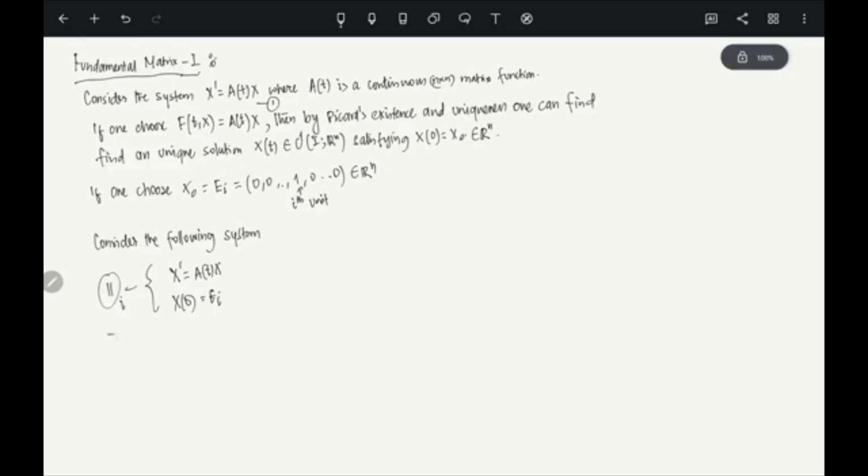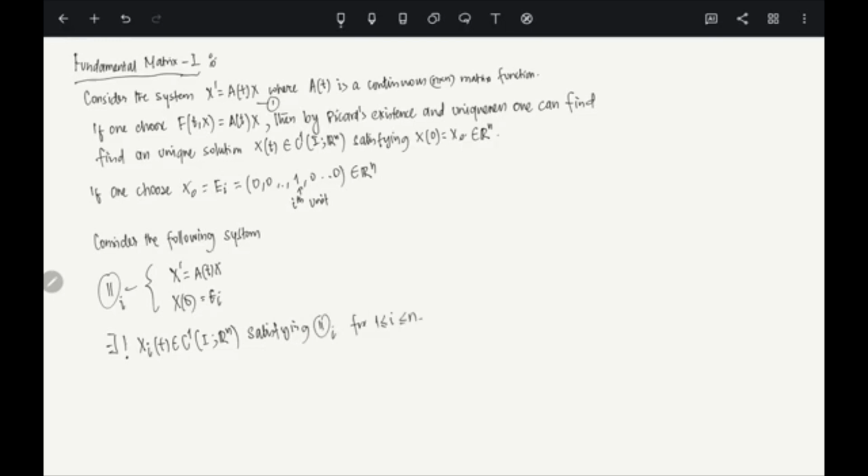Then we know there exists a unique solution, which we call xi of t, in C1 of I to Rn, satisfying equation 2i for i between 1 and n.